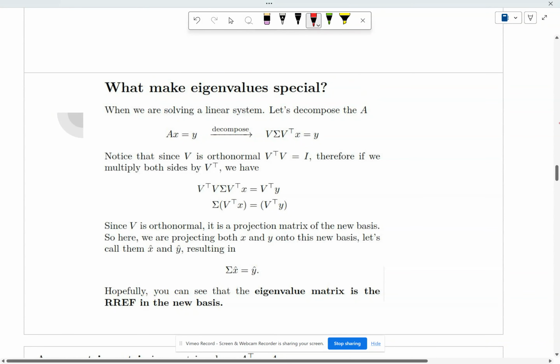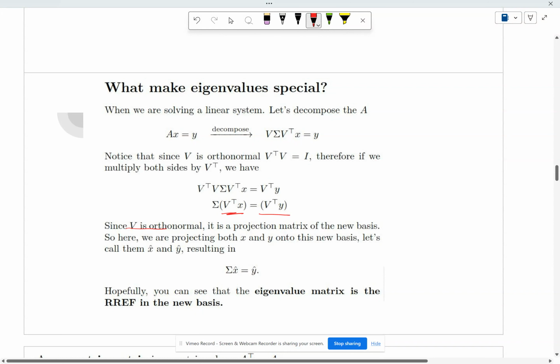Well, if we do a decomposition, as I just showed you previously, you can run a decomposition. Ax equals y becomes VΣV^T x equals y. Now, since V is orthonormal, if we multiply both sides by V transpose, then we end up with the expression where you have V transpose y and V transpose x.